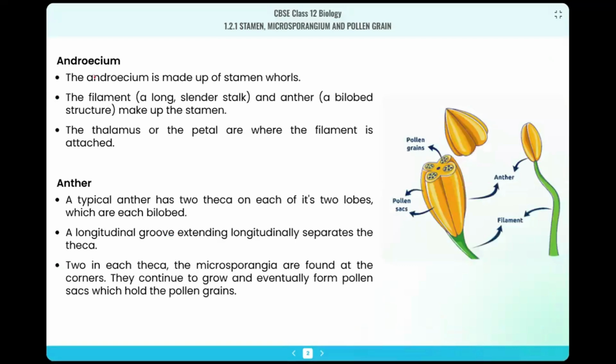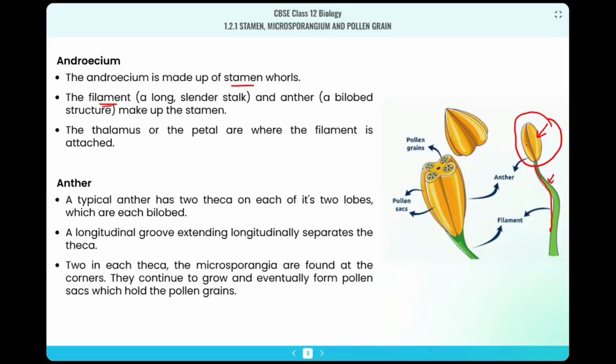As we discussed, the male reproductive organ is the androecium. The androecium is made up of the stamens. Here you can see the androecium represented by the anther. This is the filament. The filament is a long, slender stalk, and the anther is a bilobed structure, and these make up the stamen.